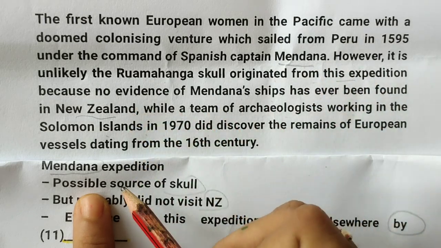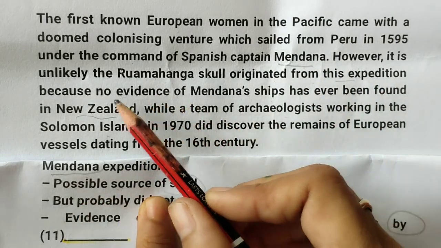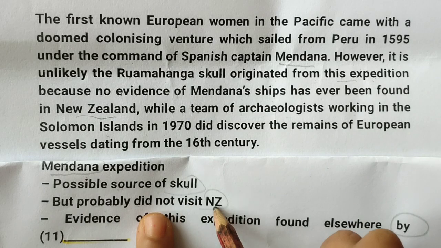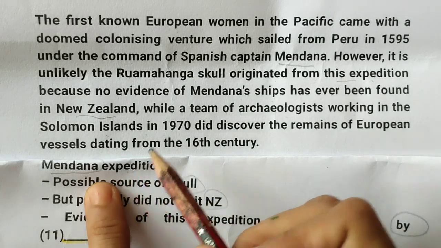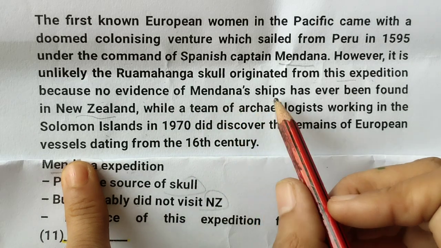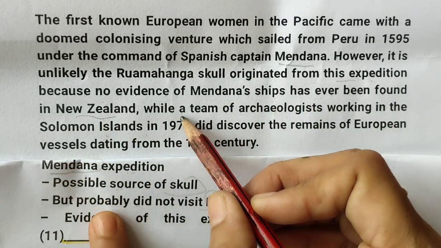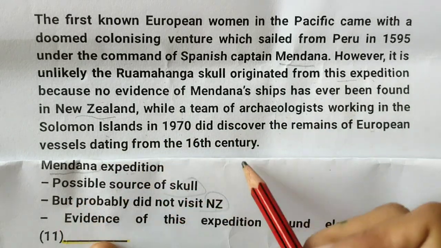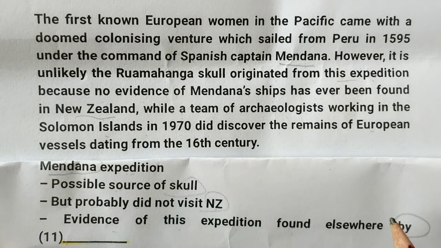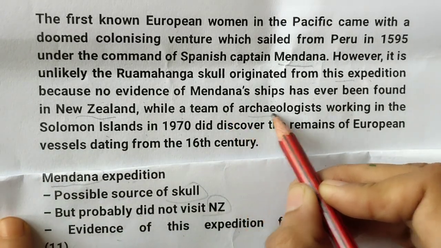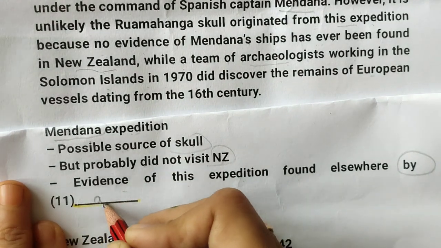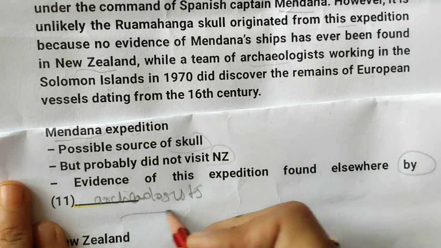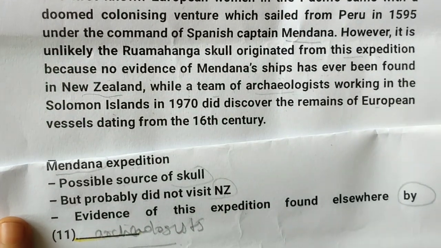It is unlikely this skull originated from this expedition, but probably did not visit New Zealand, because no evidence of Mandana's ship has ever been found in New Zealand, while a team of archaeologists working in the Solomon Islands did discover the remains of European vessels. Evidence of this expedition found elsewhere by a team of this. But we have to write only one word, so we will write here archaeologist. Team we will not write because one word is given.